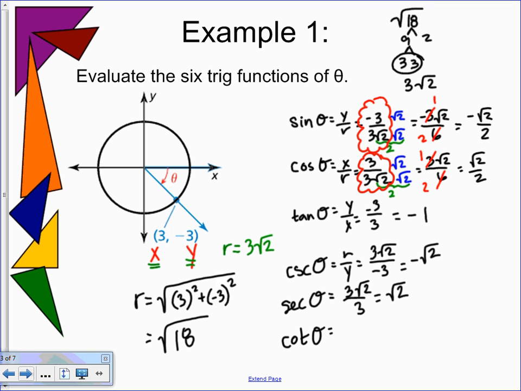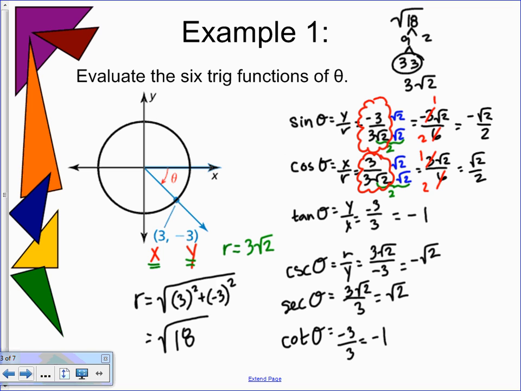But if you flip your answer, you'd create another thing you'd have to rationalize. You'll come up with the same answer, you just have to do more work. And then the reciprocal to cotangent will be negative 3 over 3, which is still negative 1. So that one had a lot of work in rationalizing and simplifying.